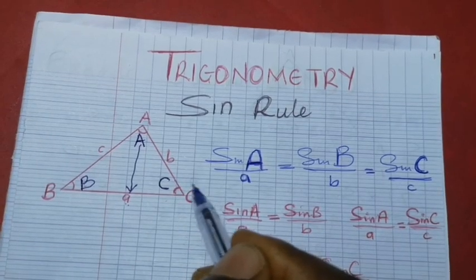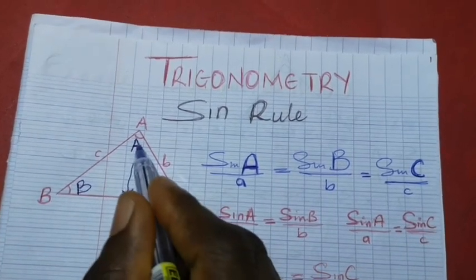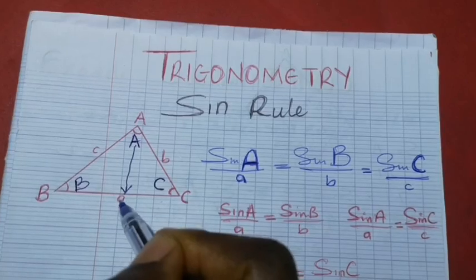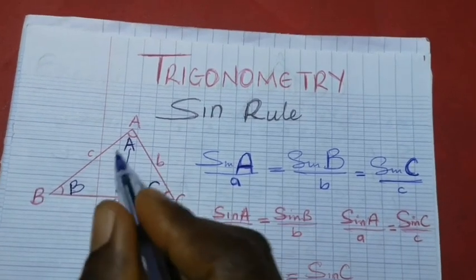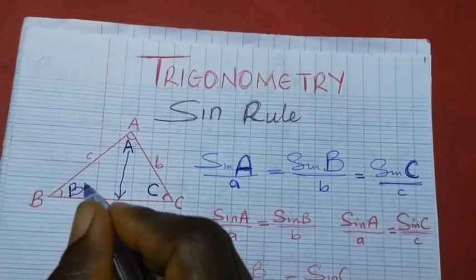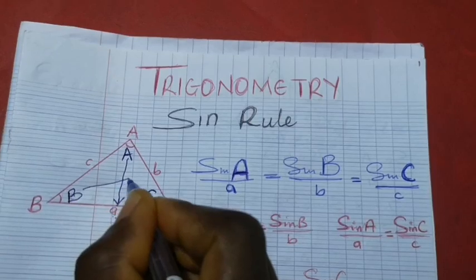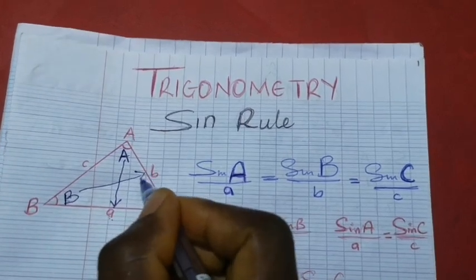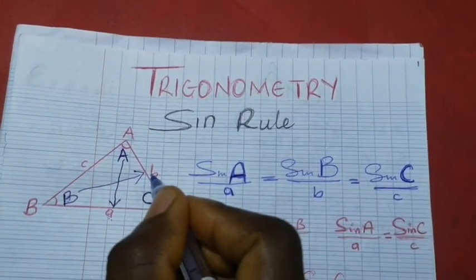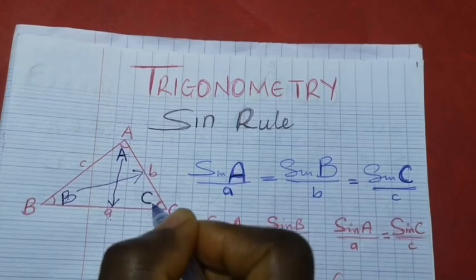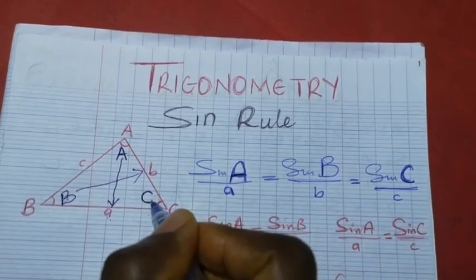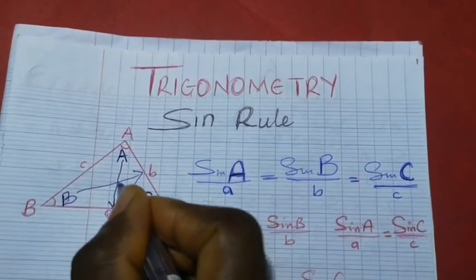So for this angle, the corresponding side is this one, whereas for this angle, the corresponding side is the one opposite to it. And the corresponding side of this angle C is this one.